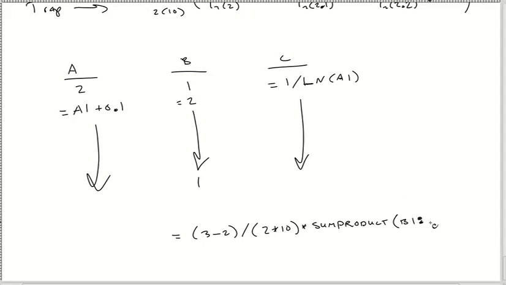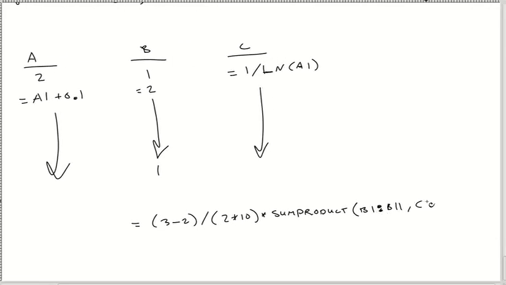If you remember, I have 10 sections, therefore 11 numbers, and then a comma, C1 to C11, enter. And I get a result of 1.119061.